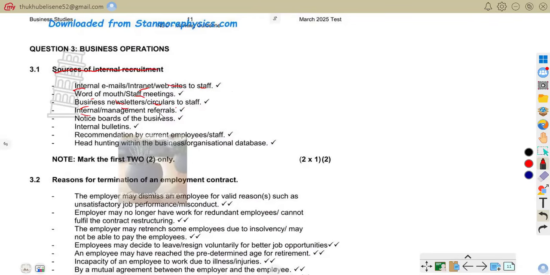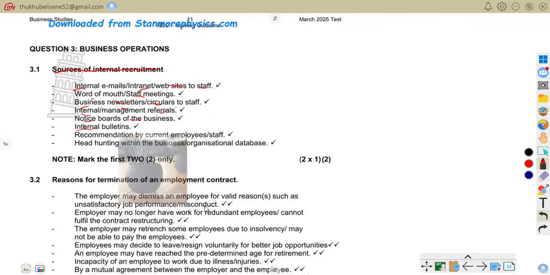Internal management or referrals. When you're doing referrals, a manager recommends an employee. Notice boards of the business, for example, a job posted in the staff room. Then also internal bulletins, recommendation by current employees of staff, headhunting within the business organizational database.